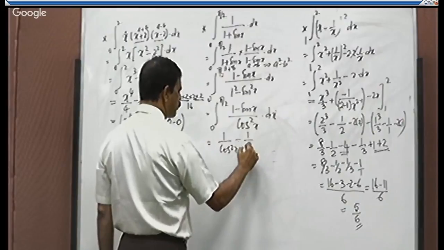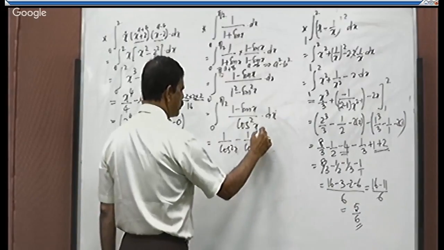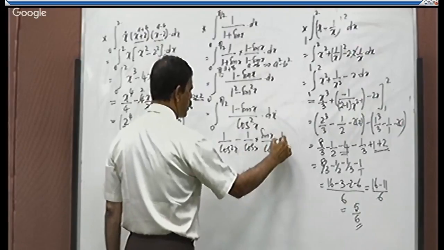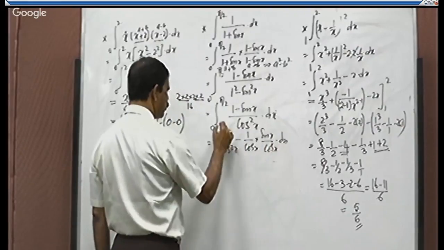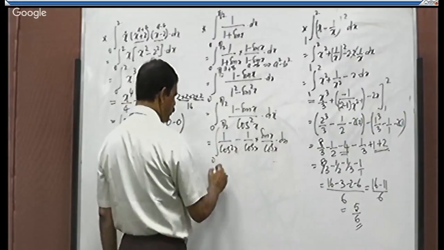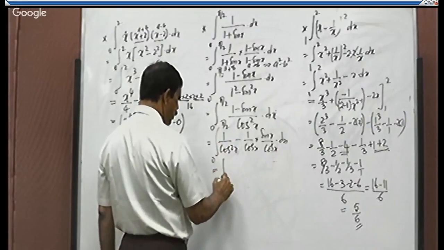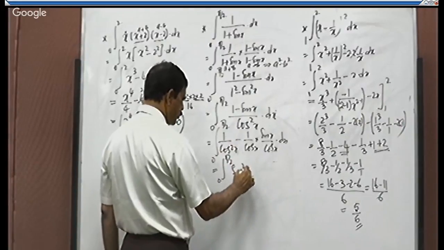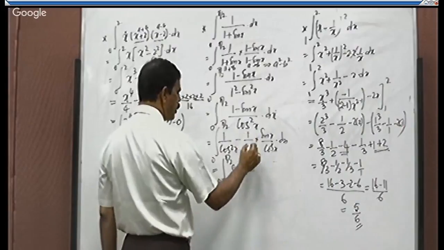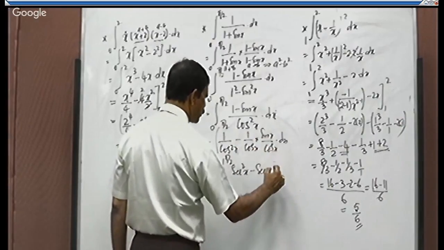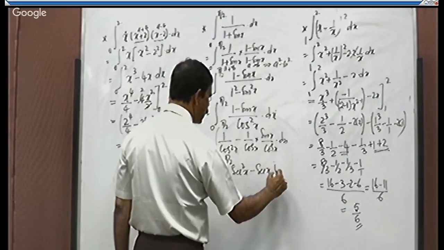I can take it as 1 by cos x into sin x divided by cos x dx, 0 to pi by 2. So you make this simplification. 1 by cos square x is secant square x, minus 1 by cos x, secant x, into sin x by cos x, which is tan x.